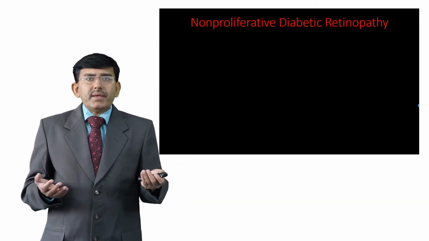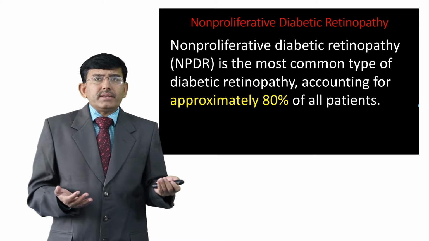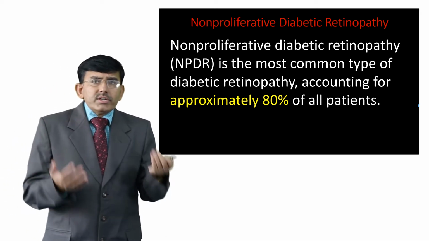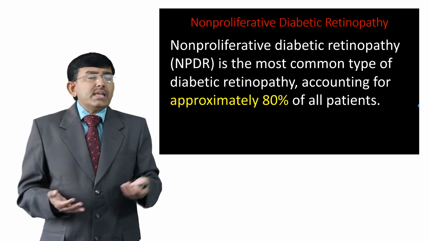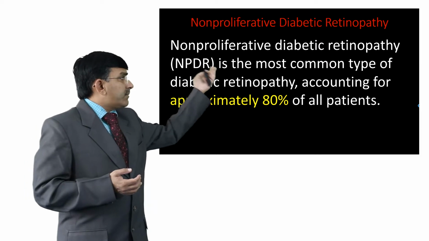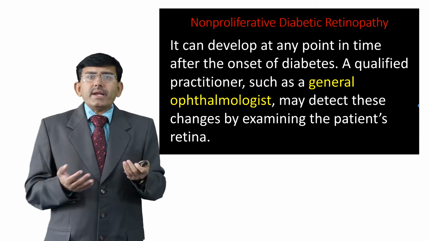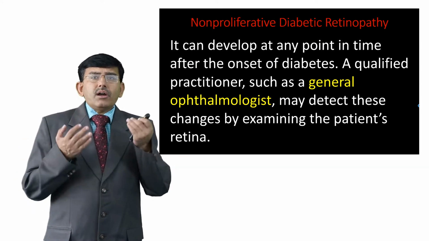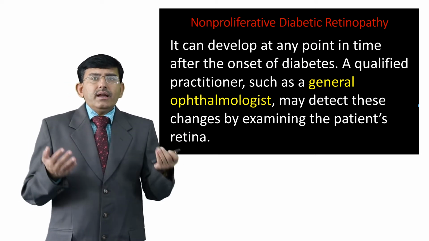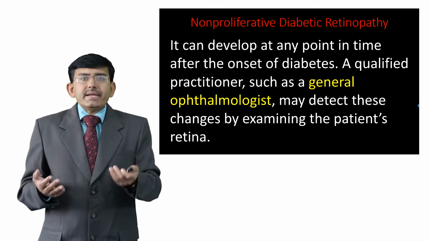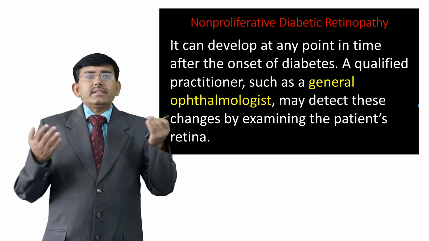Non-proliferative diabetic retinopathy is the most common type of diabetic retinopathy, accounting for approximately 80% of all the patients examined so far. It can develop at any point in time after the onset of diabetes. A qualified practitioner such as a general ophthalmologist may detect these changes by examining the retina of the patient.